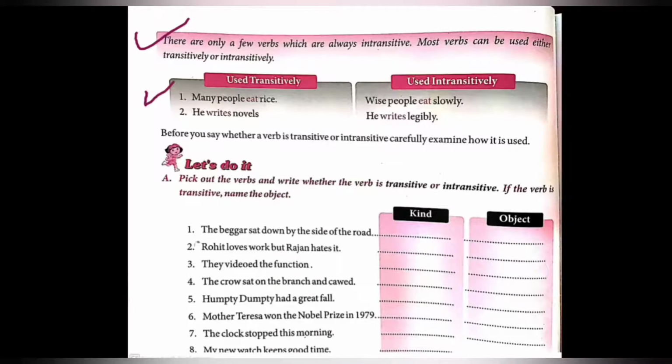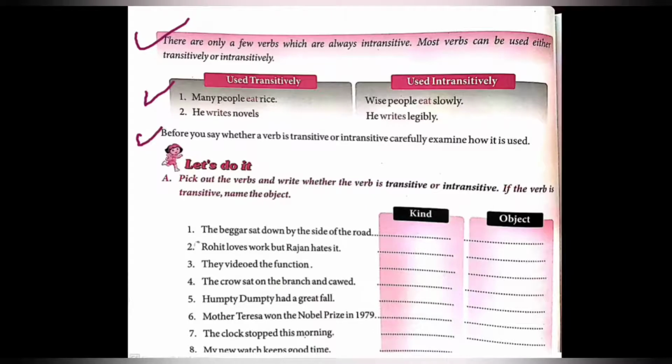So the verb eat can, in a few sentences, need an object, and in a few sentences not need an object. So it could be transitive, and it could be intransitive. It depends on the sentence.